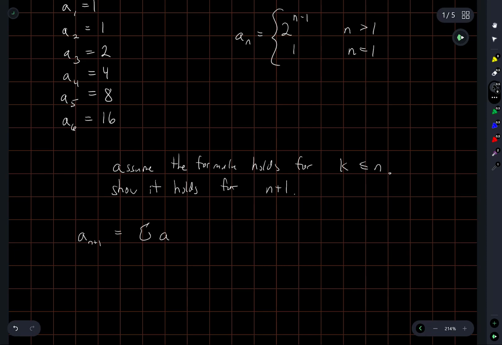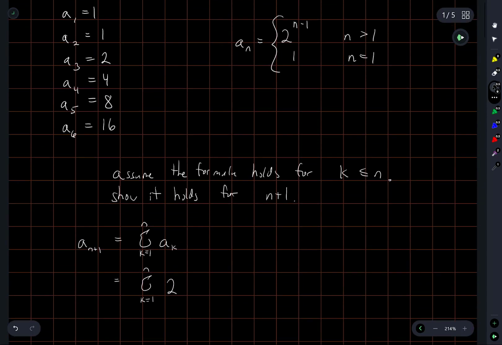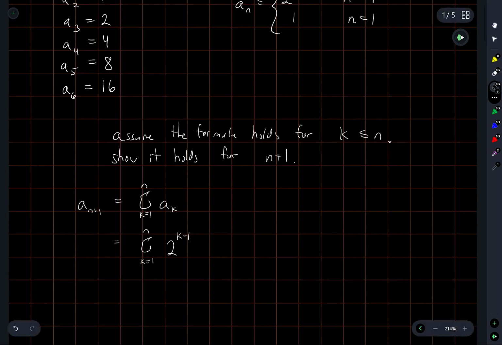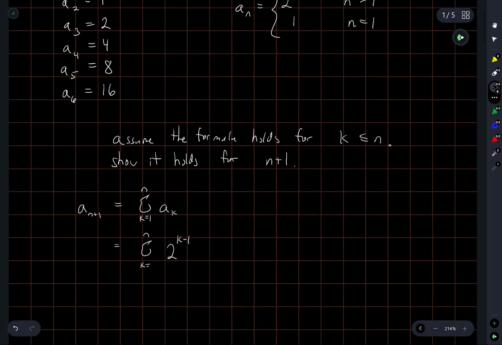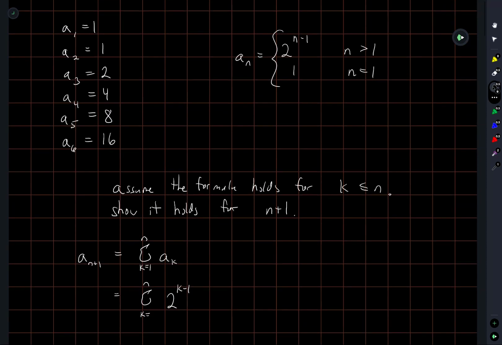of a k for k going from 1 up to n. This is equal to 2 to the k minus 1, but we need to start k at, hold on, is this the right number that I want here?